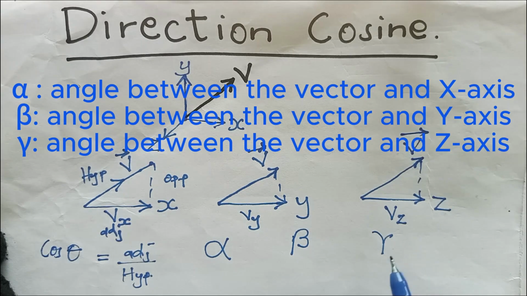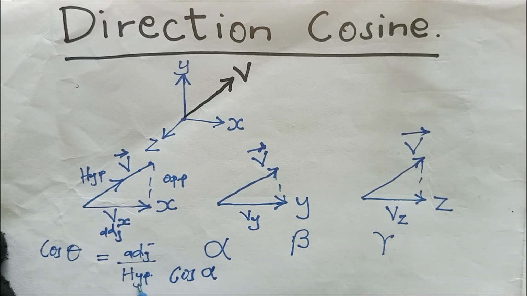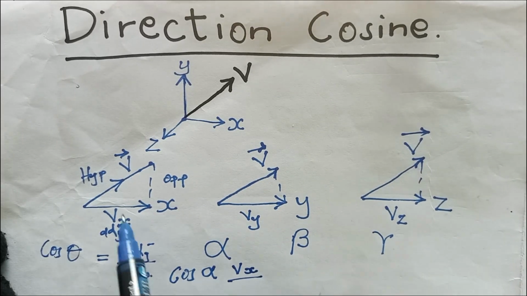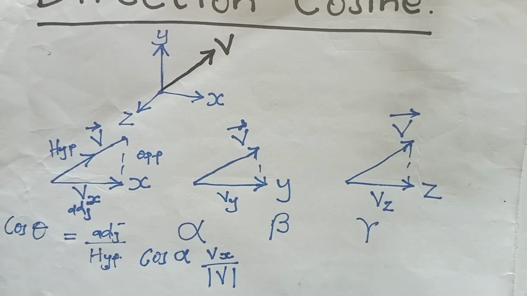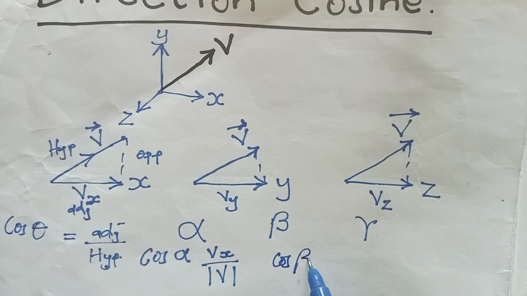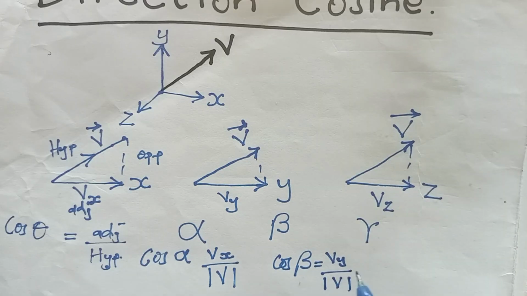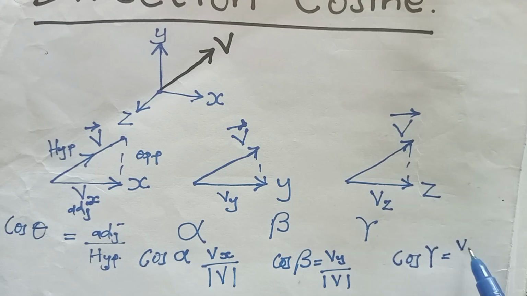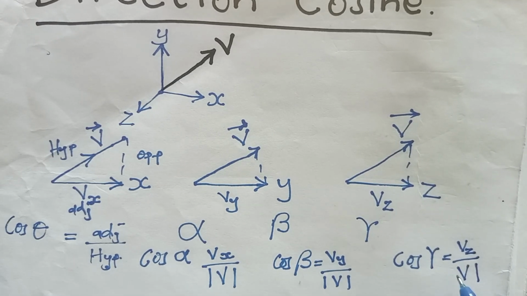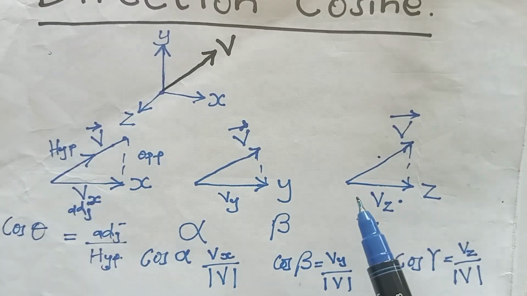So this implies that cos alpha will be equal to adjacent over hypotenuse, where adjacent is Vx and the hypotenuse is the magnitude of the vector V. Again, cos beta will now become Vy over the magnitude of the vector V. Similarly, cos gamma will be Vz over the magnitude of vector V. That is to say, the adjacent side over the hypotenuse.